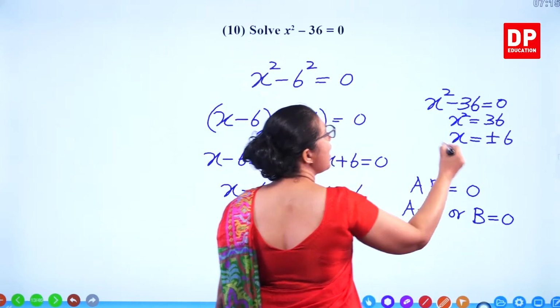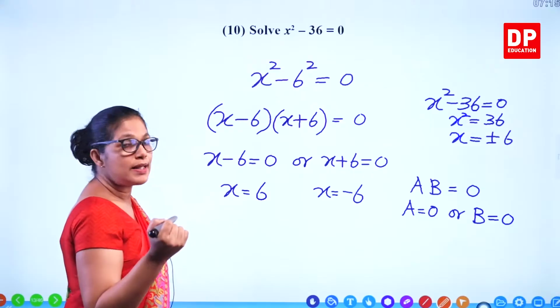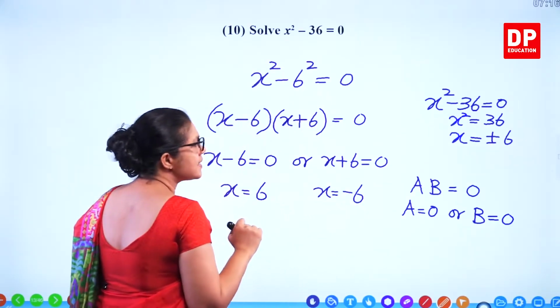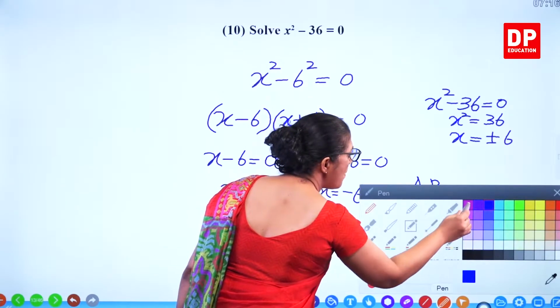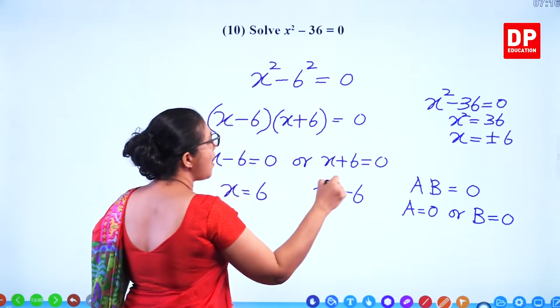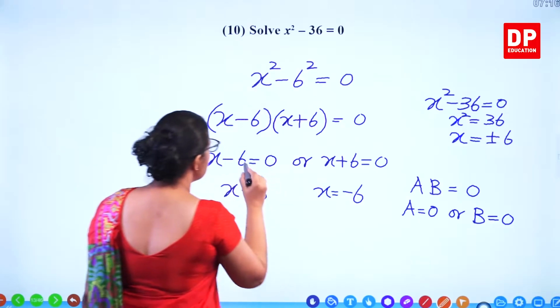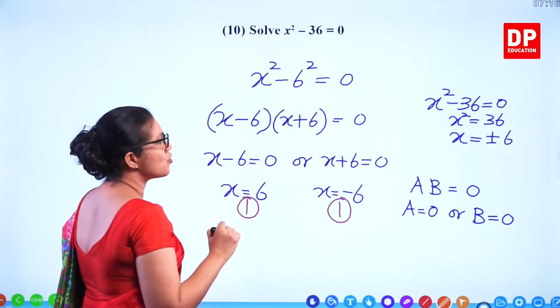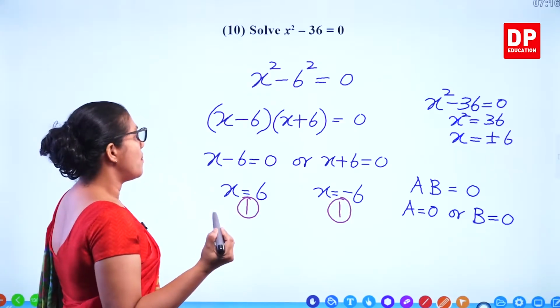So you can do it this way as well. So you get 2 marks for this, 1 mark for this factor, and this is the other mark. So altogether 2 marks.